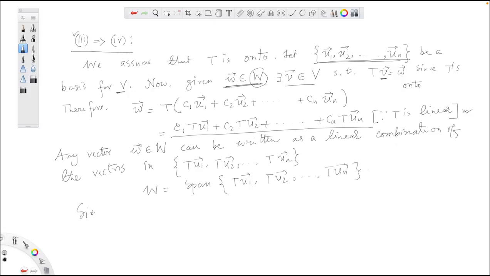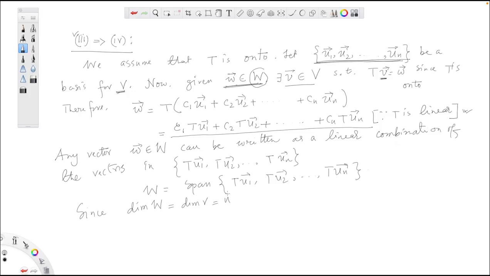Since dimension of this vector space W is the same as the dimension of V, and we have chosen this set to be a basis of V, implying that dimension of V is equal to n, and hence dimension of W is equal to dimension of V is equal to n.